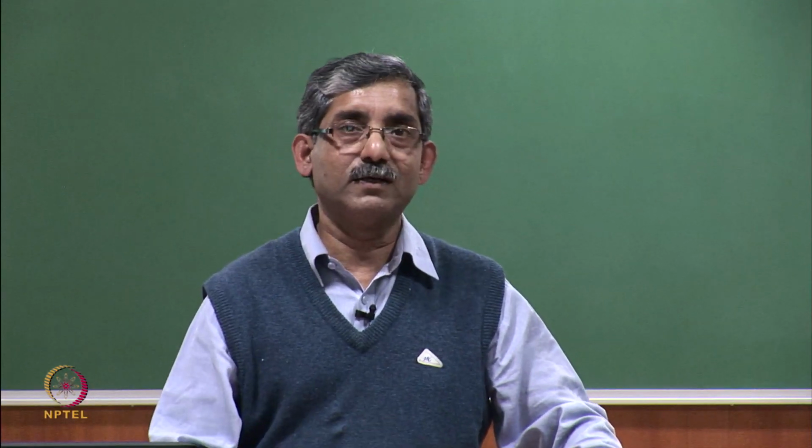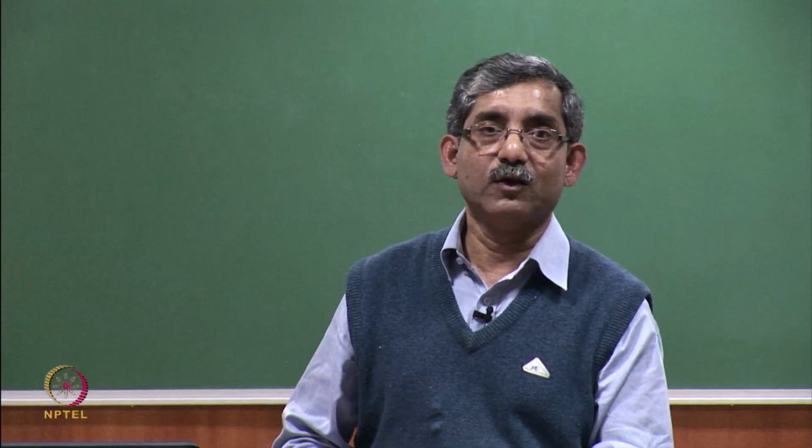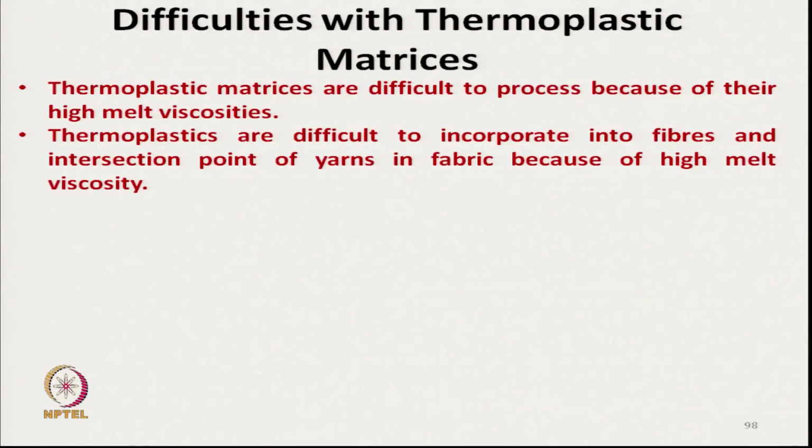Unlike thermoset matrix, whose initial melt viscosity is very low, so they can penetrate between the fiber space. The thermoplastics are difficult to incorporate into fiber and the intersection points of yarn in fabric because of their high melt viscosity.